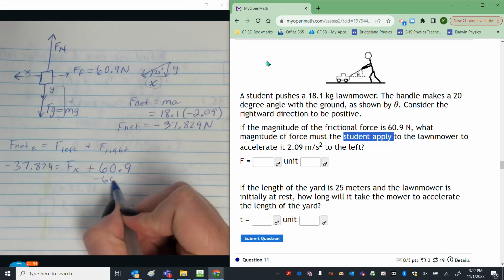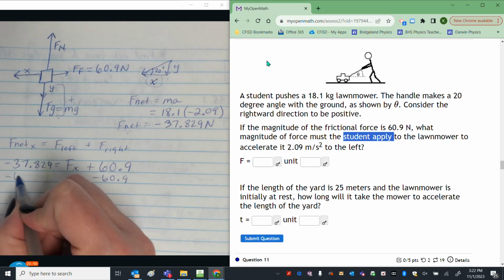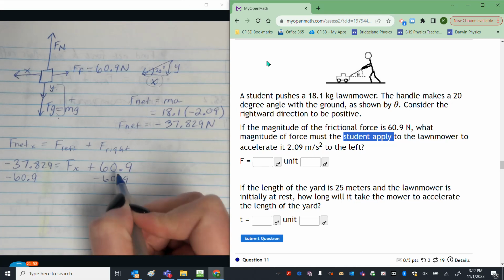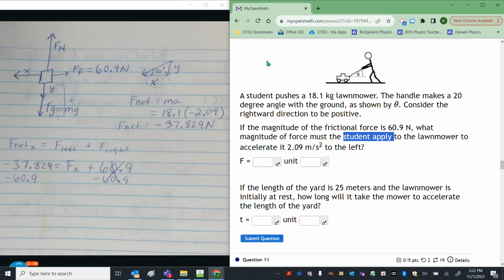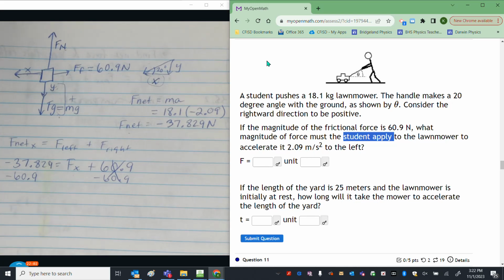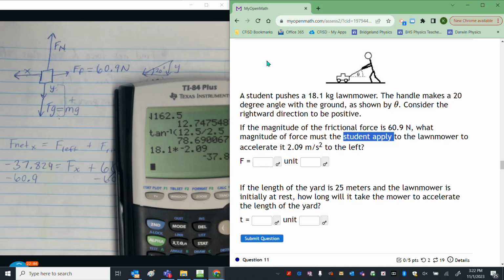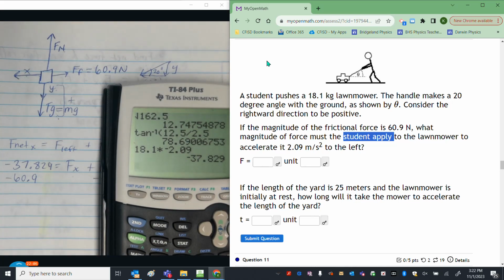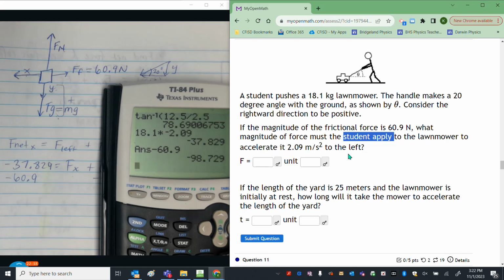I just need to subtract 60.9 from both sides. That cancels this, and over here we're going to get an even bigger negative number, which makes sense because it needs to be bigger in magnitude than the friction was. So minus 60.9, and we get negative 98.729 newtons.